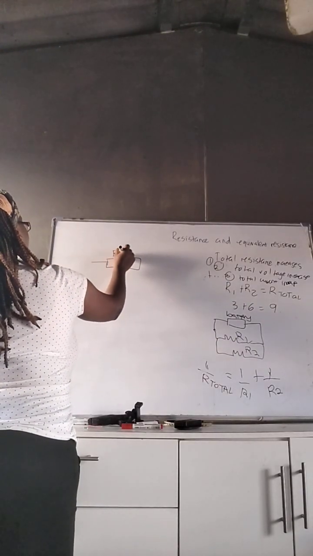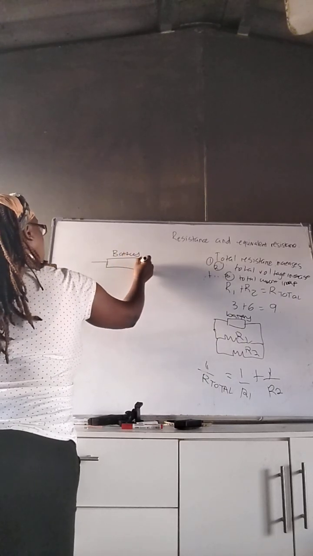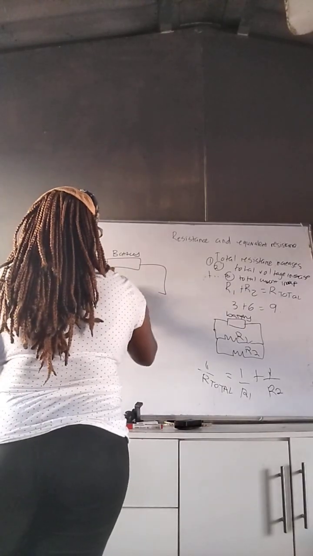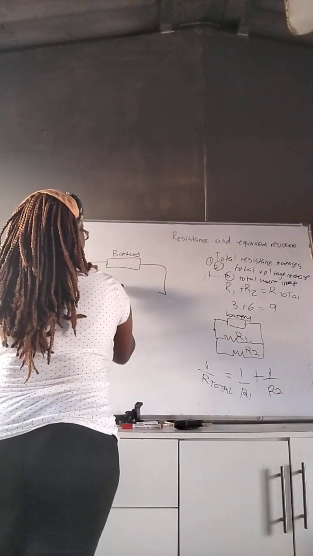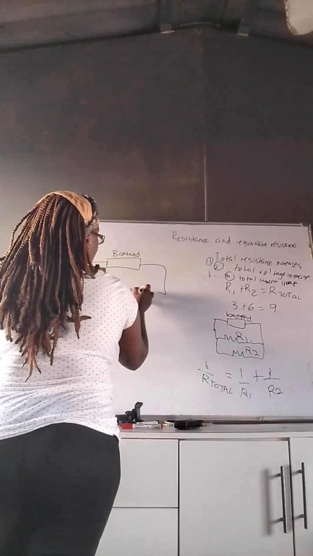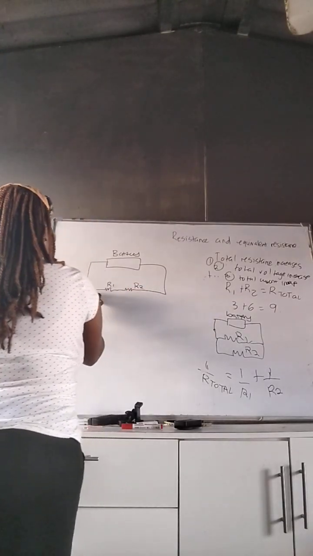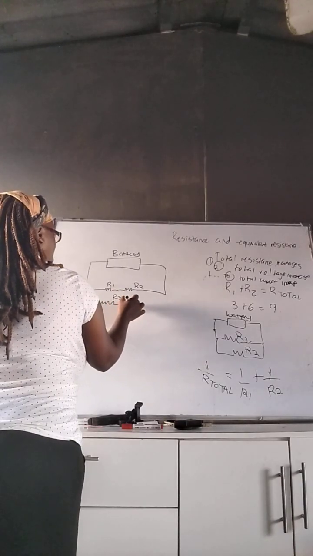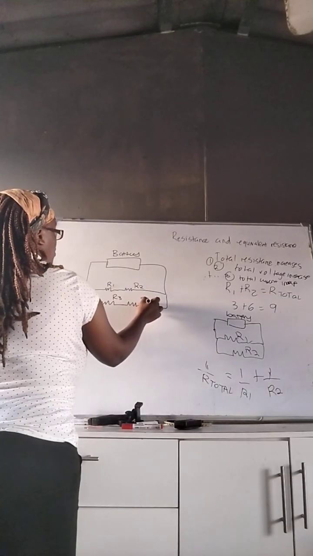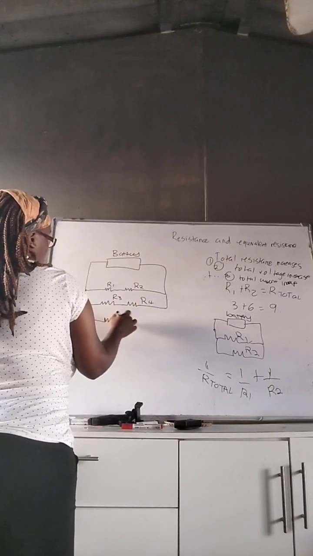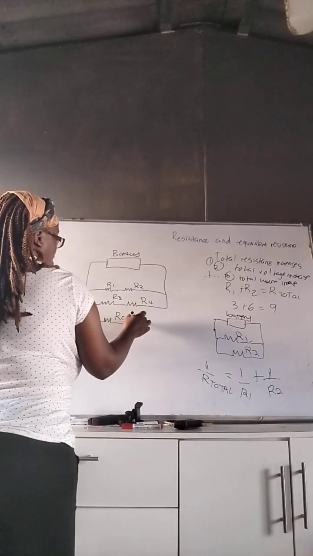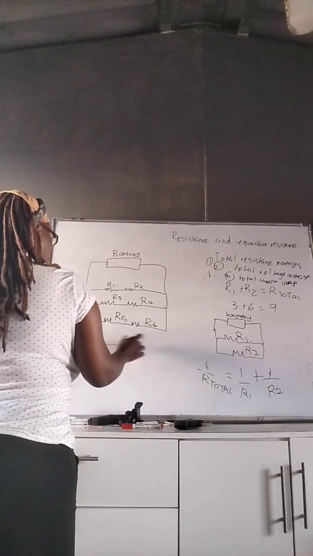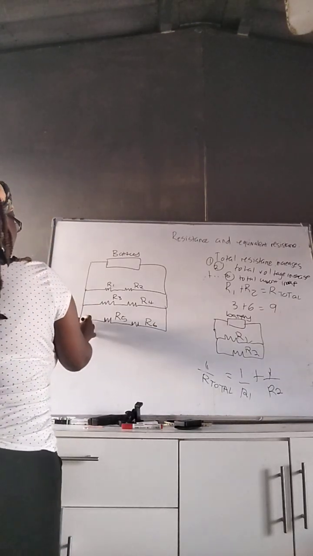This is my battery, and this is resistor 1, resistor 2, resistor 3, resistor 4, resistor 5, and resistor 6. That's my complete circuit like that.